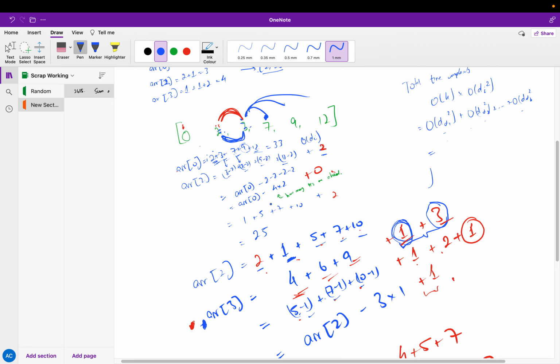So the array 2 had this forwards jump over here, so the backwards jump over here also makes sense. So this backwards jump is kind of the same as this backwards jump. Oh, wait a minute. I think I get it.